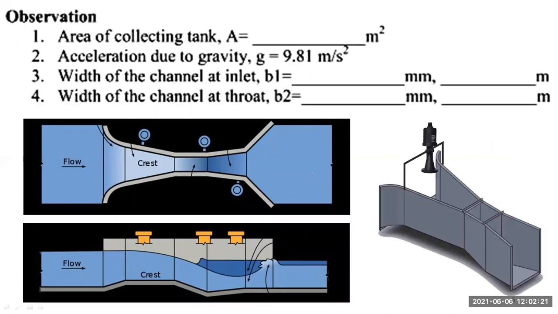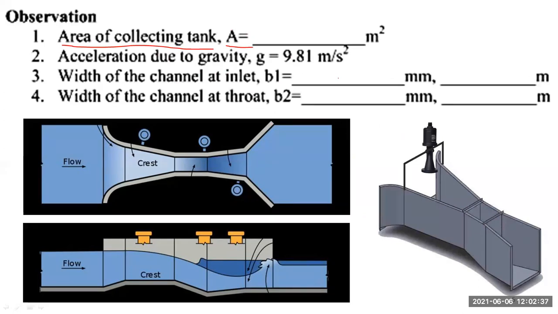What are the observation and calculation when it comes to this Venturi flume experiment? First of all, you're going to note down the data, that is the area of the collecting tank, capital A, in terms of meter square. You're going to measure the dimensions of the collecting tank.